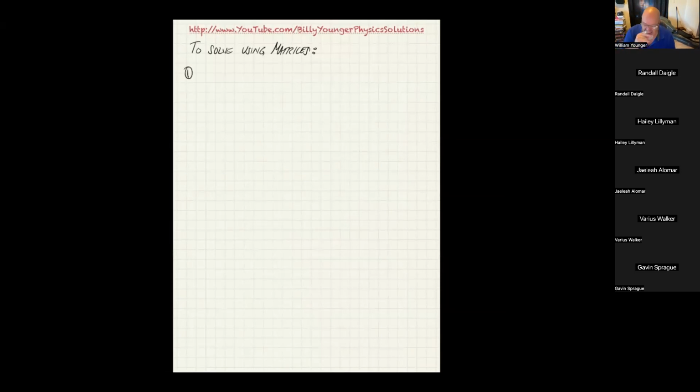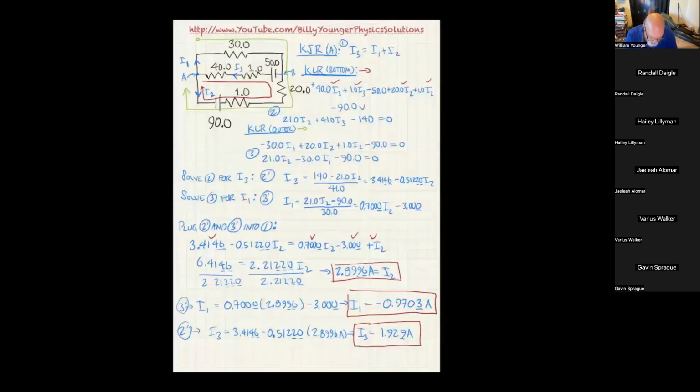And the main thing is, if you're using the Gauss-Jordan method, which is where you do row operations and combine them until you get 1 0 0, 0 1 0, 0 0 1, then the last column of the 3-row by 4-column matrix will be the actual answer. So the last column would be the answer for I1, then the answer for I2, then the answer for I3.